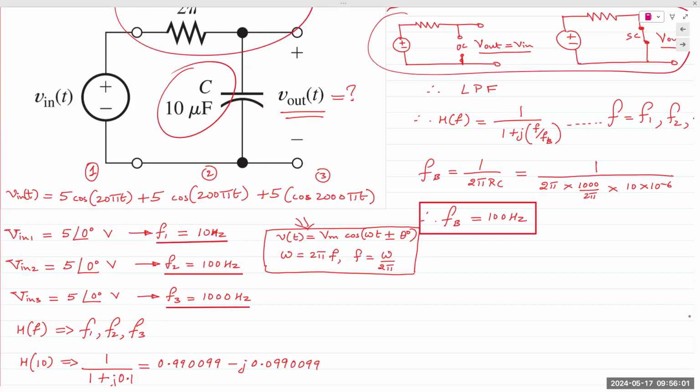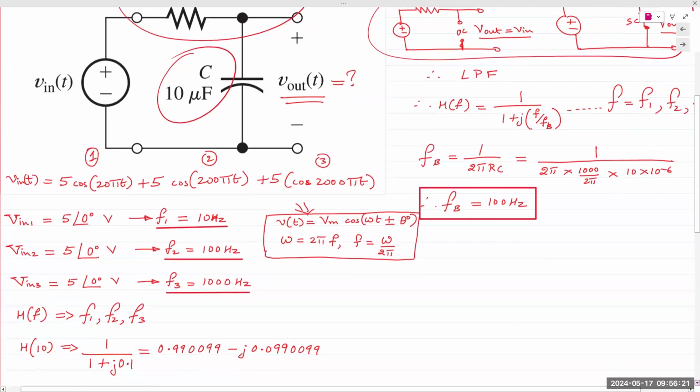F1, F2, and F3. It's similar to the first problem, first example. We are extracting the frequency information from the input component given to us, from Vin of t. Now that we have the frequency information, we plug it in.